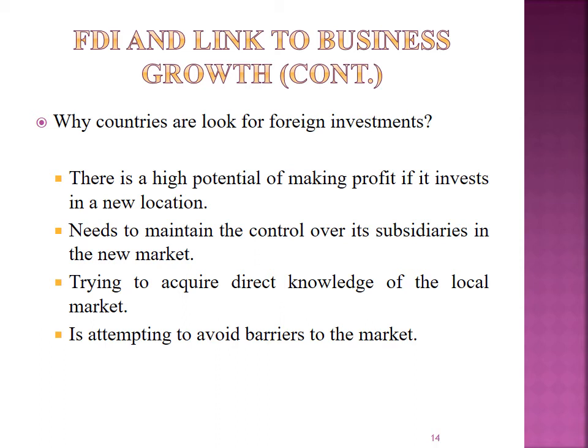So by investing money in those developing countries as well as undeveloped countries, what they are trying to do is gain the maximum profit and maximum knowledge from them, as well as maintain proper control over those markets. The next one is attempting to avoid barriers to the market. That means when they catch up those markets, they can avoid the barriers.